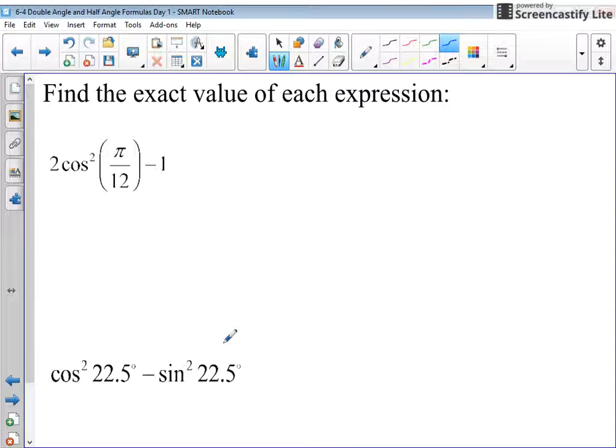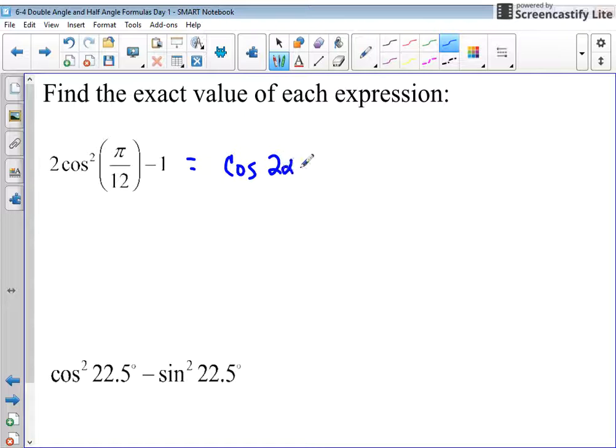Finally, I'm taking some formulas here and just matching them up. If you look at this, this says 2 cosine squared minus 1. We have an identity that says that 2 cosine squared minus 1 is equal to, see if you can find that within those double angle formulas. You see it there? Yeah, that's the one. 2 cosine squared minus 1 is equal to the cosine of 2 alpha on your sheet.